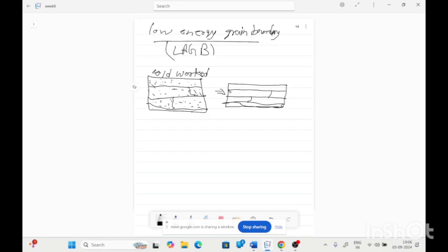In the boundaries, the small nuclei grow and form small grains inside the initially deformed grains.